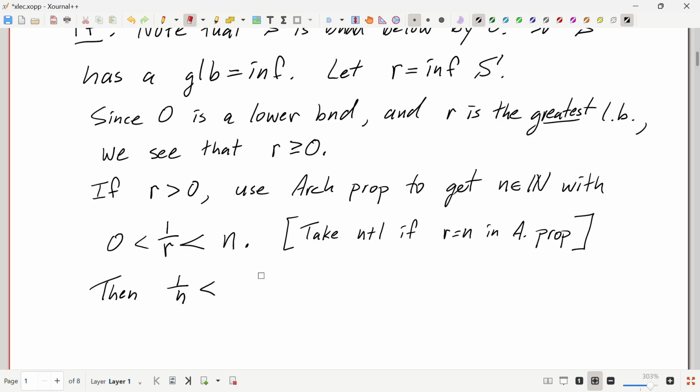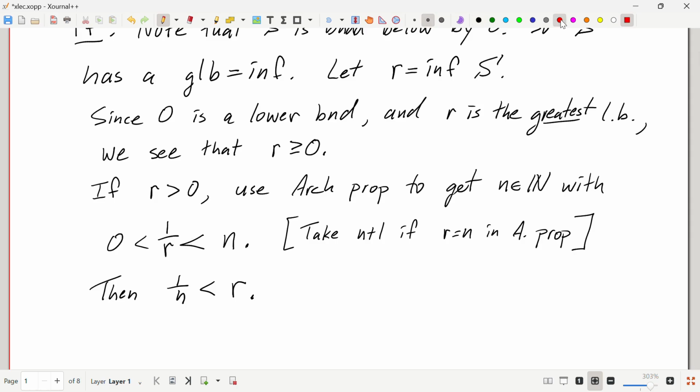Okay, and then when you mess around with that inequality and invert it, that reverses the inequality, and I get 1 over n is less than 1 over r, which would be r. And that would show me that, oops, r is not a lower bound anymore.